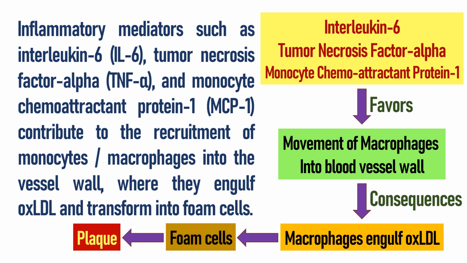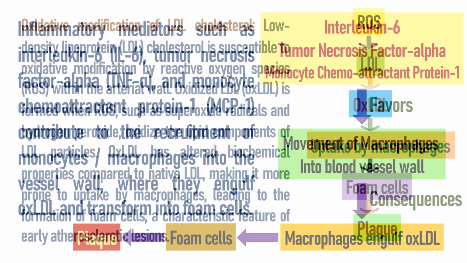Inflammatory mediators, such as interleukin-6, tumor necrosis factor alpha, and monocyte chemoattractant protein 1, contribute to the recruitment of monocytes or macrophages into the vessel wall, where they engulf oxidized LDL and transform into foam cells.